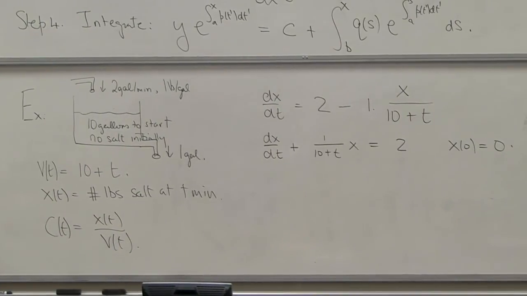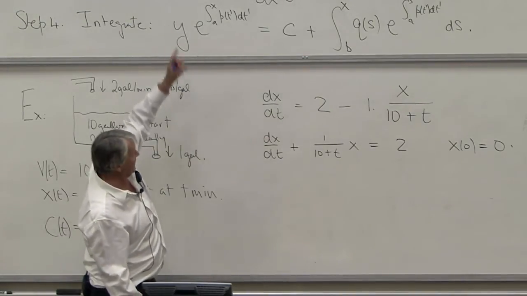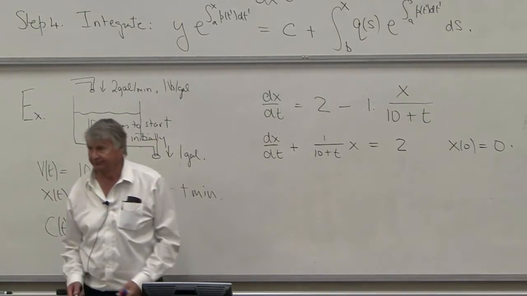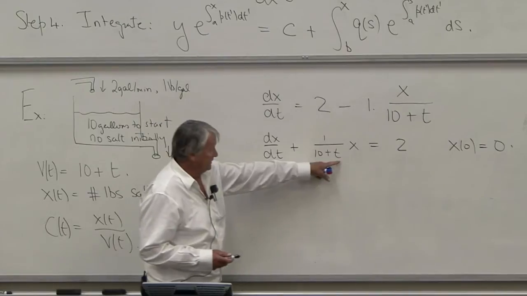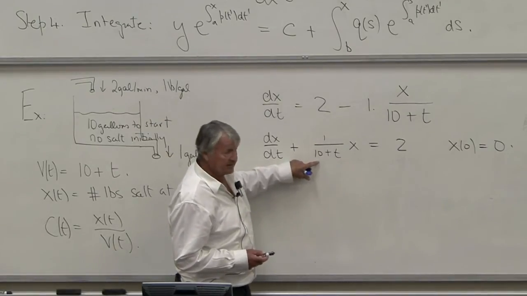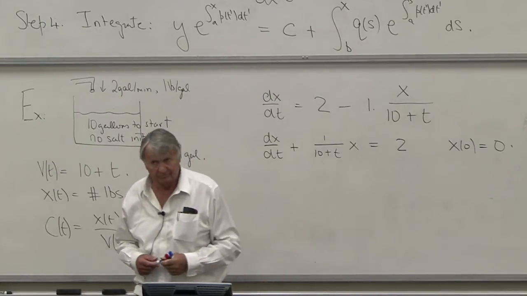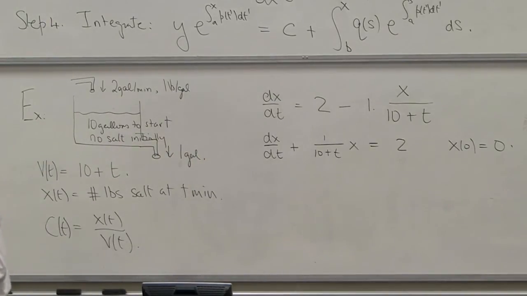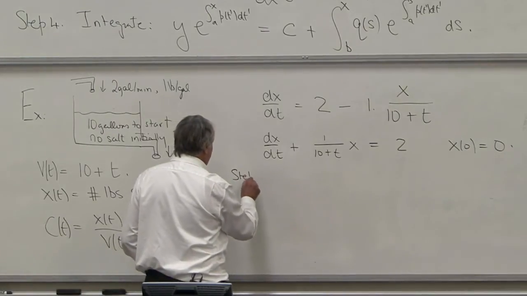So this is a linear equation. Now the y has become x and the x has become t. So first step. But you see, this depends upon the independent variable, so it's not a separable equation. I can't use the separable method, so I have to create an integrating factor. Step 1.